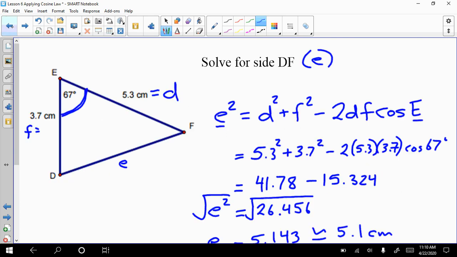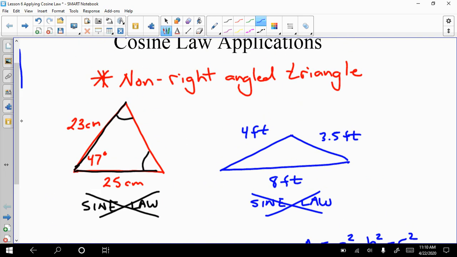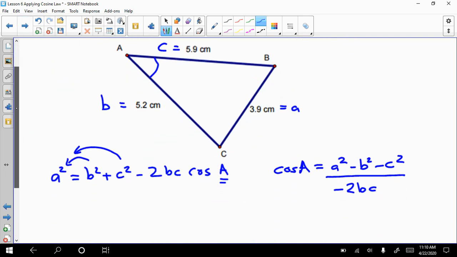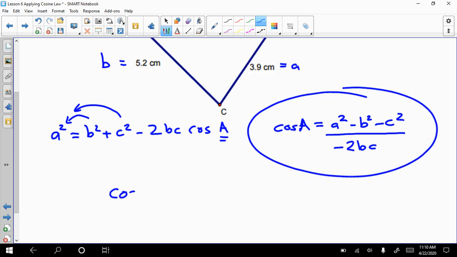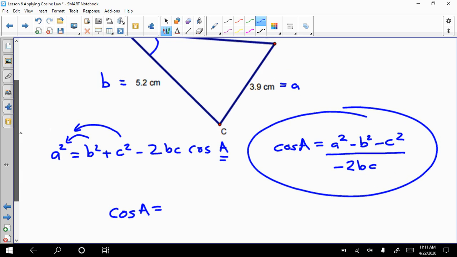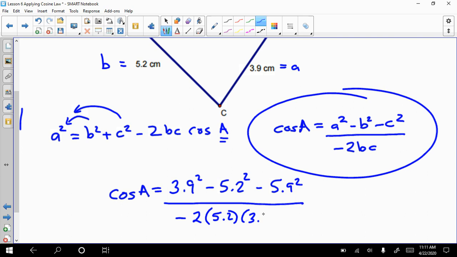Okay? I just want to go back and look at something on the first page for a second. Perfect. Okay, so I just wanted to make sure that everything matched up. So here we go. Now let's substitute in. So I'm going to now work with this one. So cos of angle A is equal to 3.9 squared minus 5.2 squared minus 5.9 squared divided by negative 2 times 5.2 times 3.9.